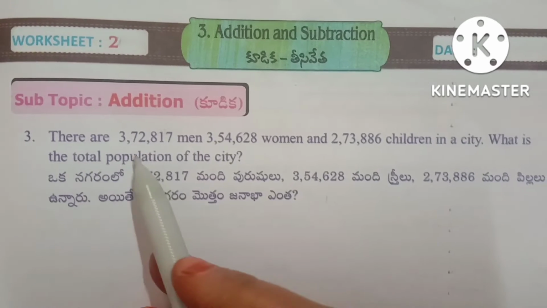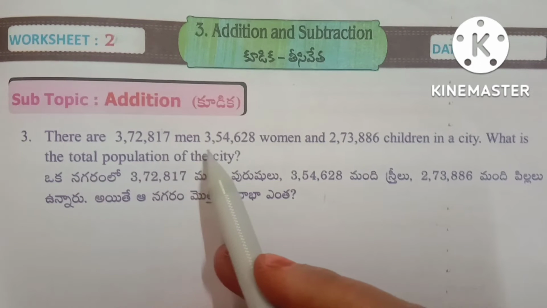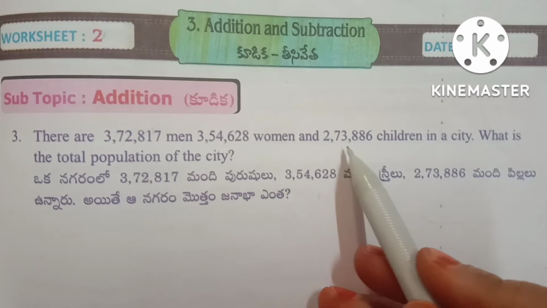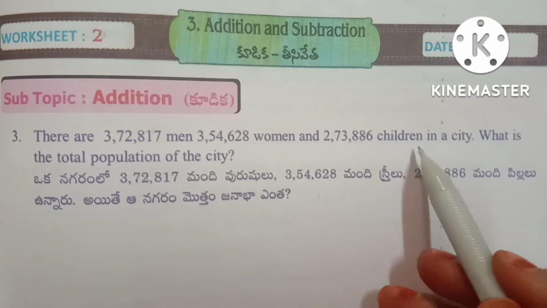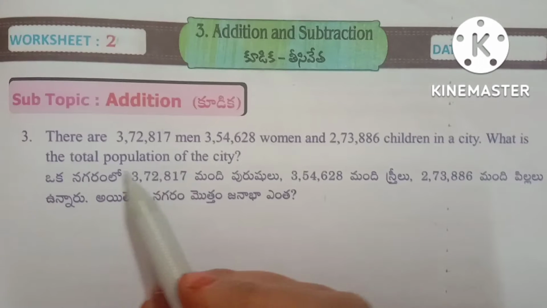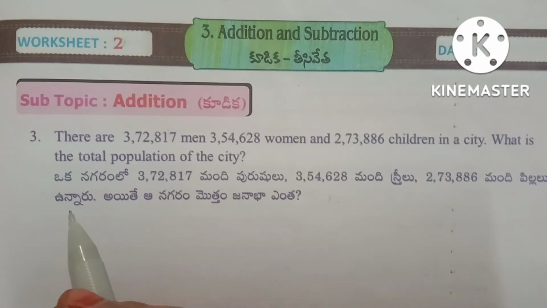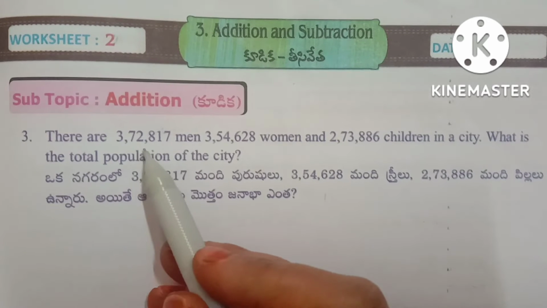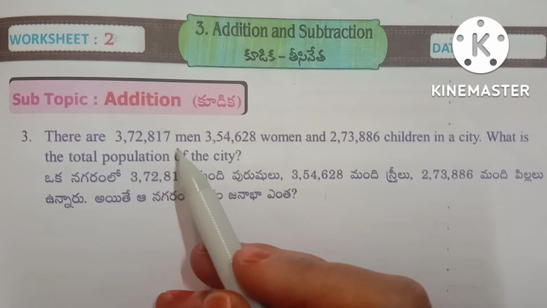Next question. There are 3,72,817 men, 3,54,628 women and 2,73,886 children in a city. What is the total population of the city? Number of men in the city equals 3,72,817.